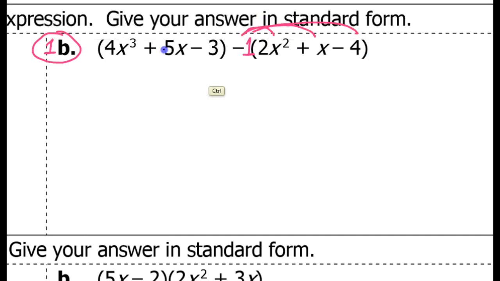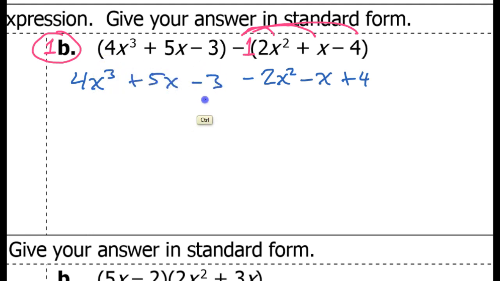So if we do that, then we're going to have -2x squared minus x plus 4. It just changes all the signs. The first set of parentheses will just come down unchanged. So I'm just going to bring down the 4x to the third power plus 5x minus 3.